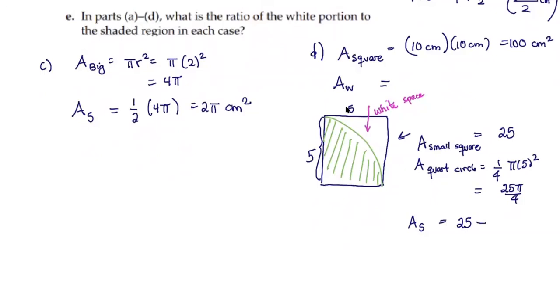minus, now remember that we have to count the number of white spaces in each quadrant, and each white space is going to have this particular area here. So we're not actually finding the area of the shaded, we're finding the area of the white space.